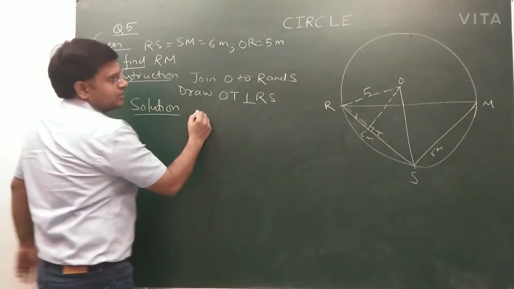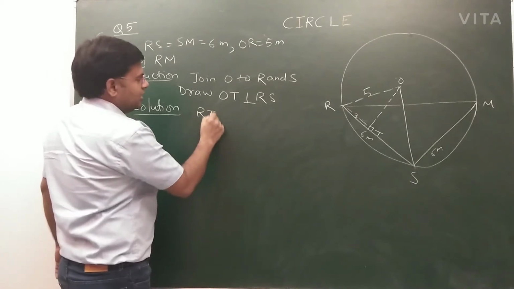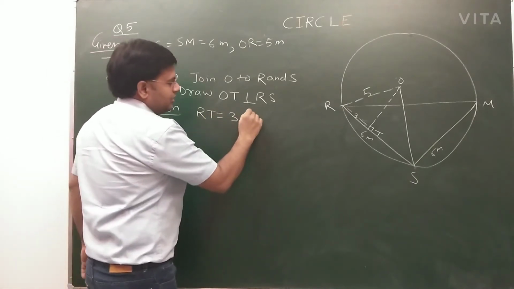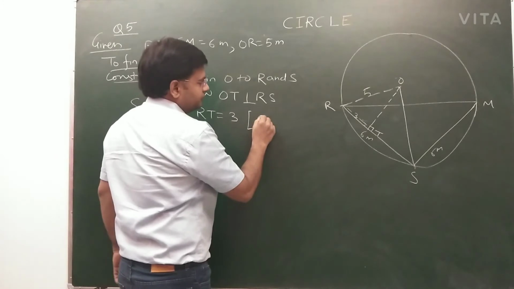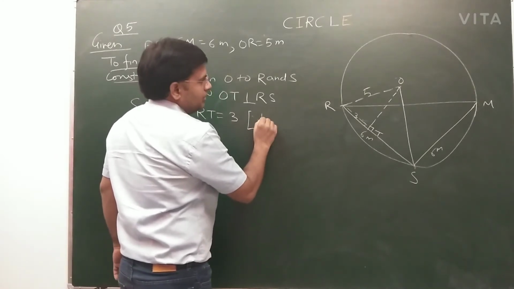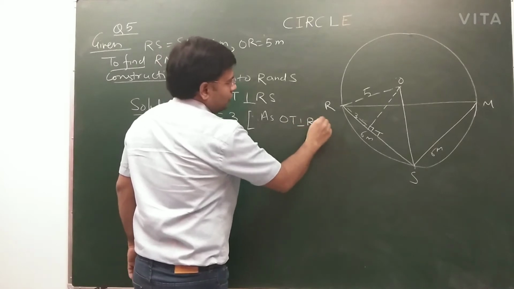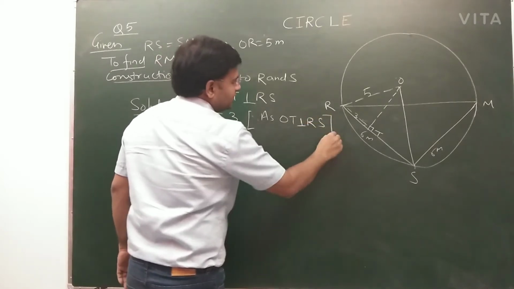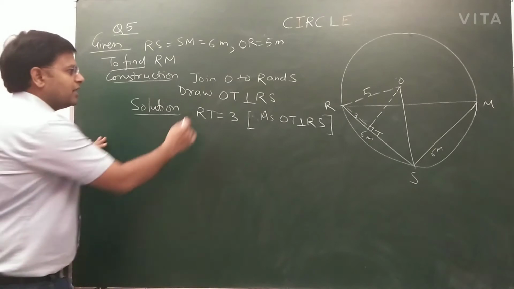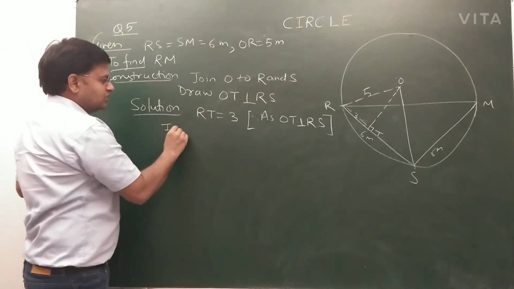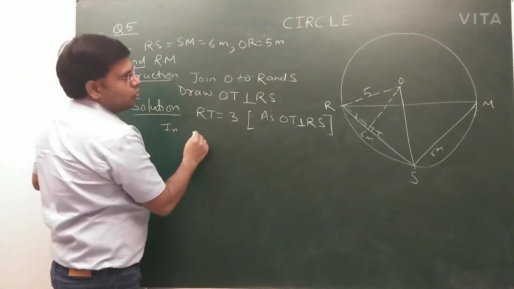So we write that RT equal to 3, and reason you may mention that as OT perpendicular to RS. You can write the reason here just like this. So RT is 3.